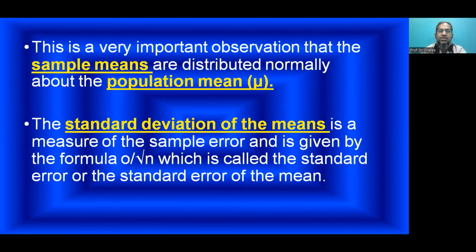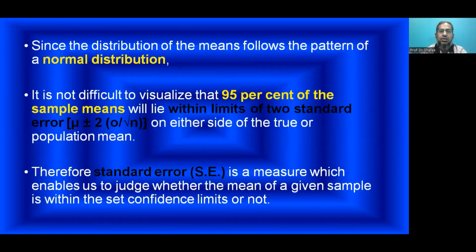The standard deviation of the means is a measure of the sampling error and is given by the formula standard deviation divided by the square root of n, which is called the standard error, or the standard error of the mean. So we get the standard error of the mean by dividing the standard deviation by the square root of the sample size.